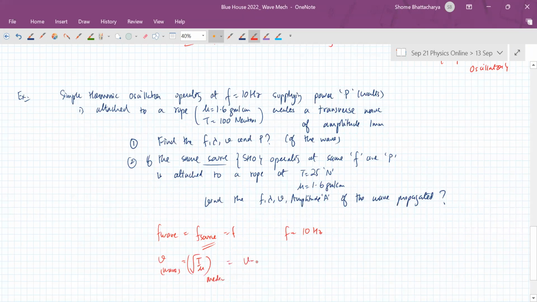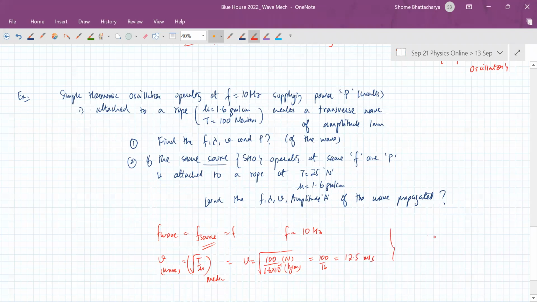So in this case, the propagation speed becomes square root of 100 newtons divided by 1.6 into 10 raised to minus 1. Remember to always convert to kg per meter. Typically, it will be given in gram per centimeter. So this will become 100 by 16 or 50 by 4 or 25 by 2 or 12.5 meters per second.